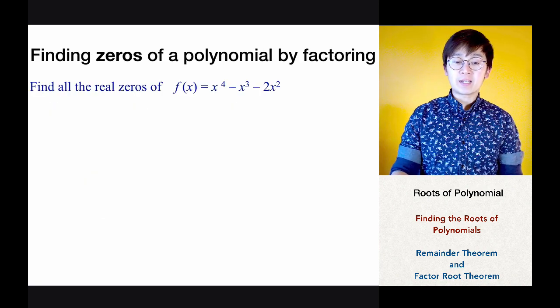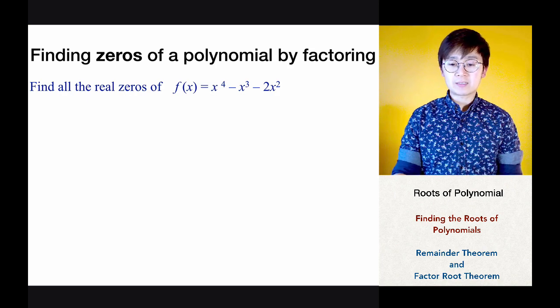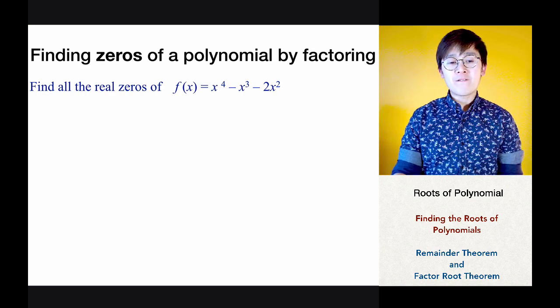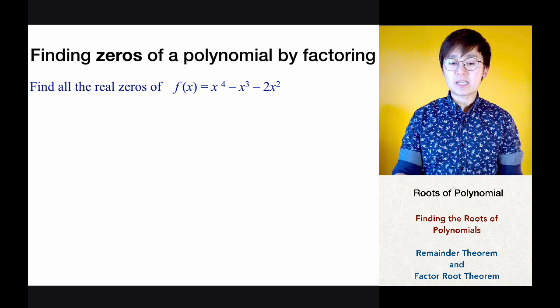Now, finding the roots and solutions of a polynomial by the factoring technique, just like in our previous lesson, is limited because not all polynomials are factorable. Say, for example, our function is x to the fourth minus x cubed minus 2x squared.